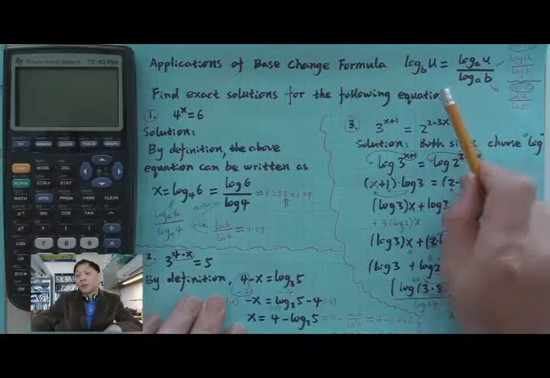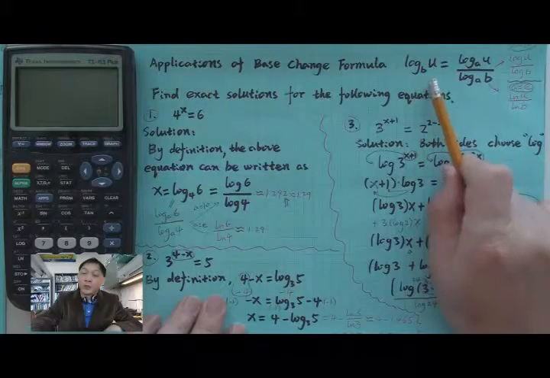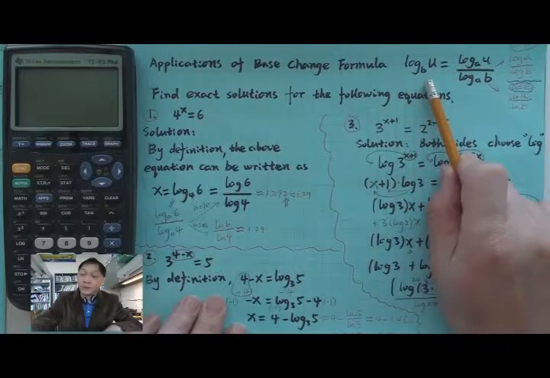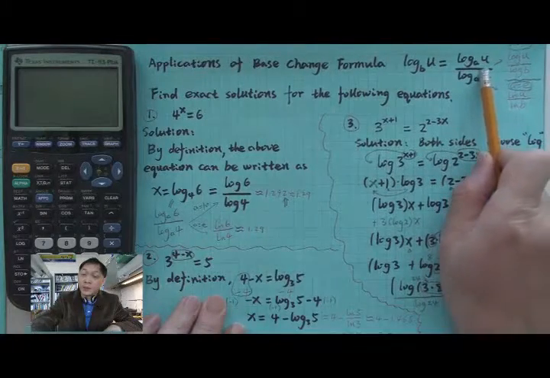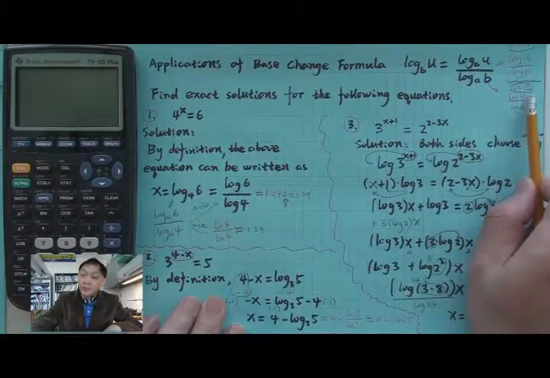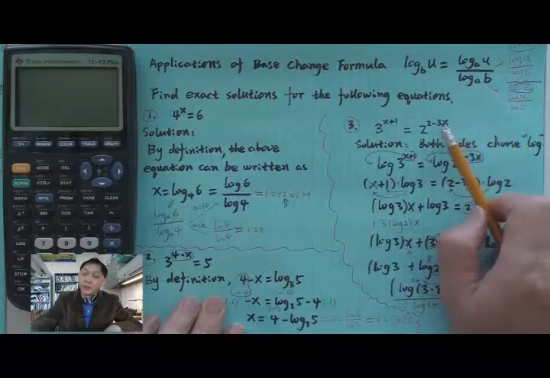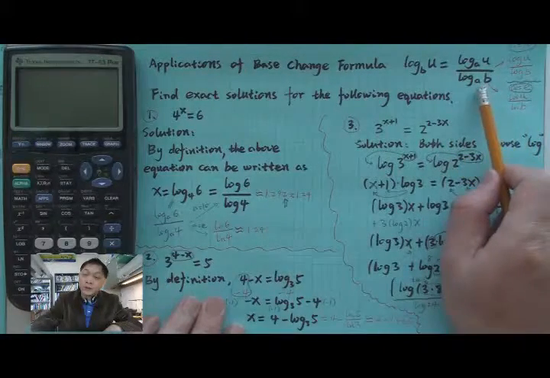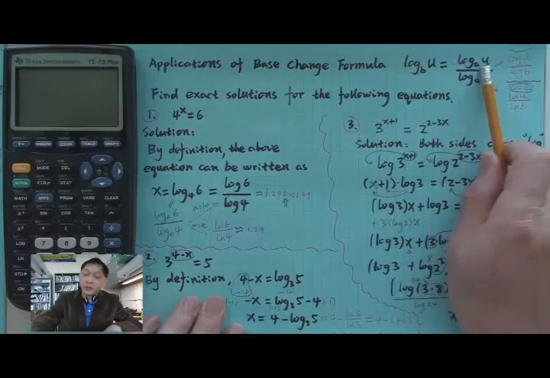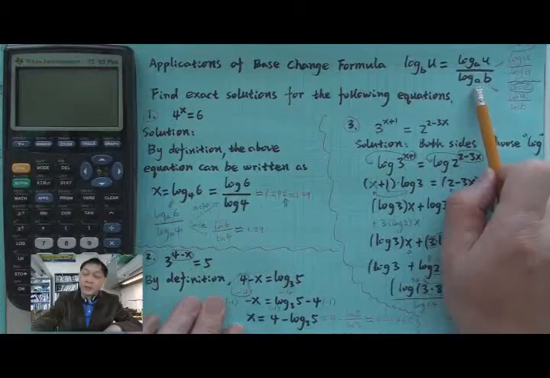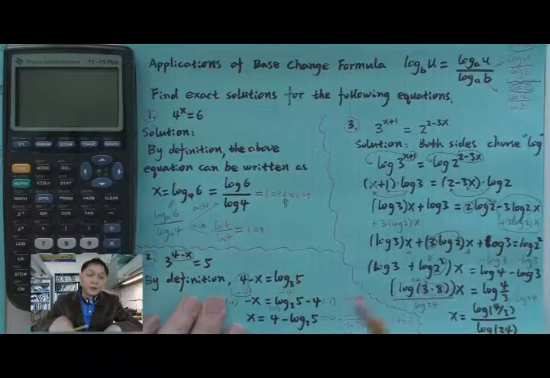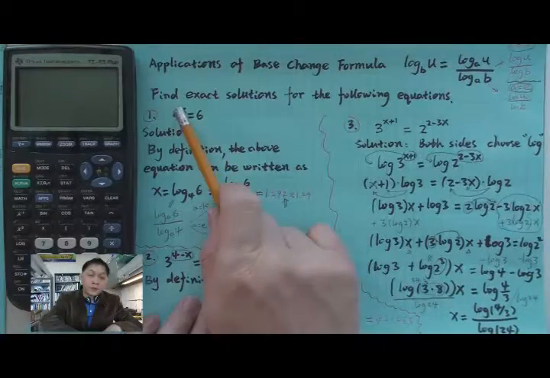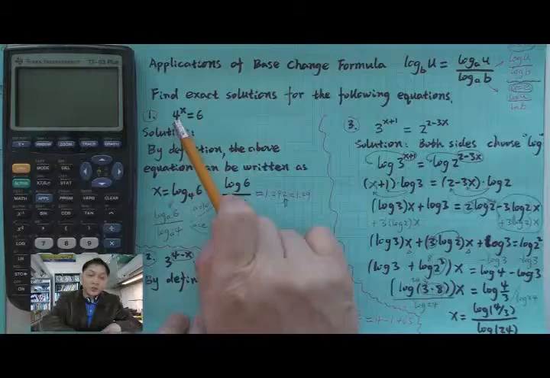So you see, from the left hand side, you don't have a, but right hand side, a can be 10, can be e, can be anything. So you actually can add a base, depends on your need. Okay, now let's solve those equations.